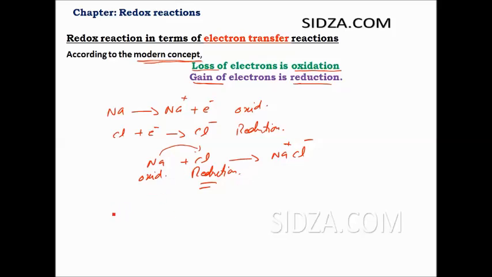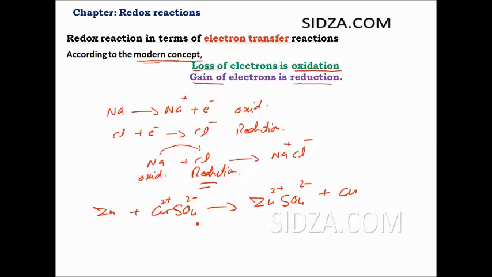Similarly, let us take another example. Suppose I react zinc with a copper sulfate solution. What will happen here? The zinc changes into the Zn2+ ion and forms zinc sulfate solution plus copper. Copper sulfate has a 2+ charge on copper, and the sulfate is 2-.